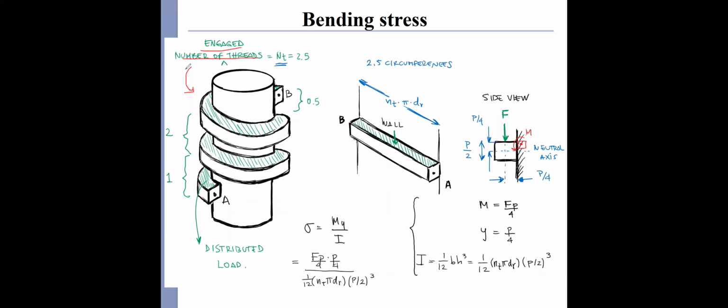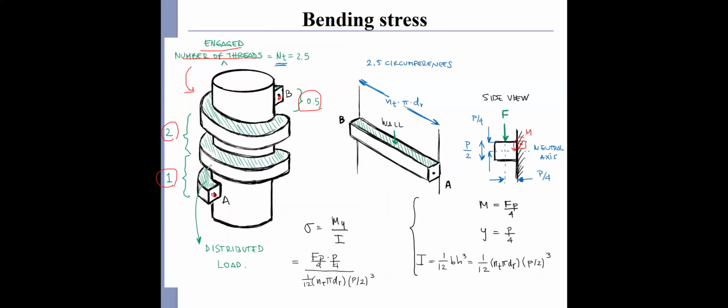Sorry, the total number of threads is 2.5, from point A to point B. So we have two complete turns of the thread and a half turn, and the load will be applied to this surface.